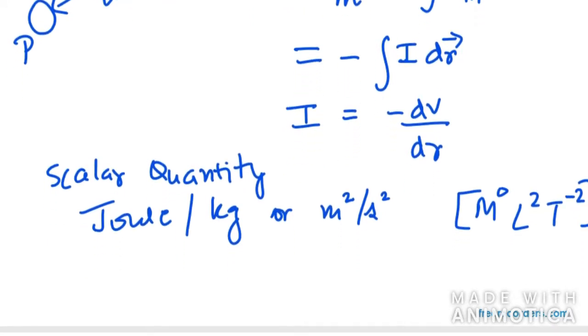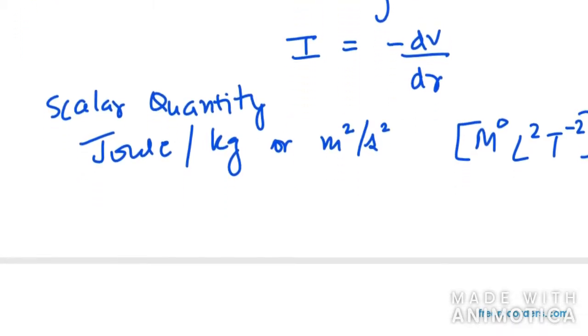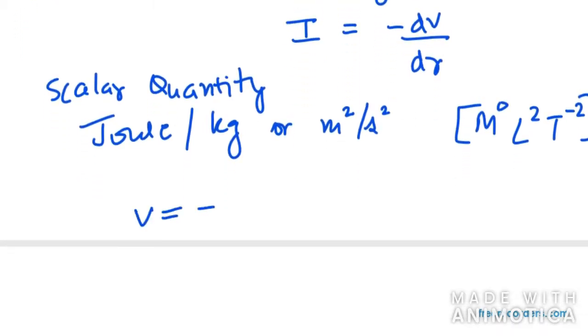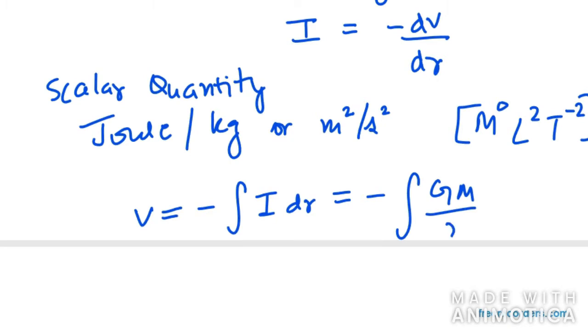And if the field is produced by a point mass, then V will be equal to minus integral of I dr, and I you know can be written as minus Gm over r square.